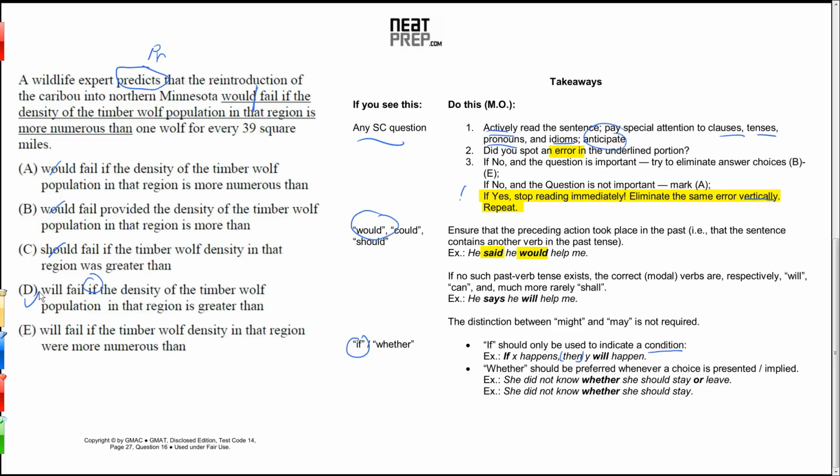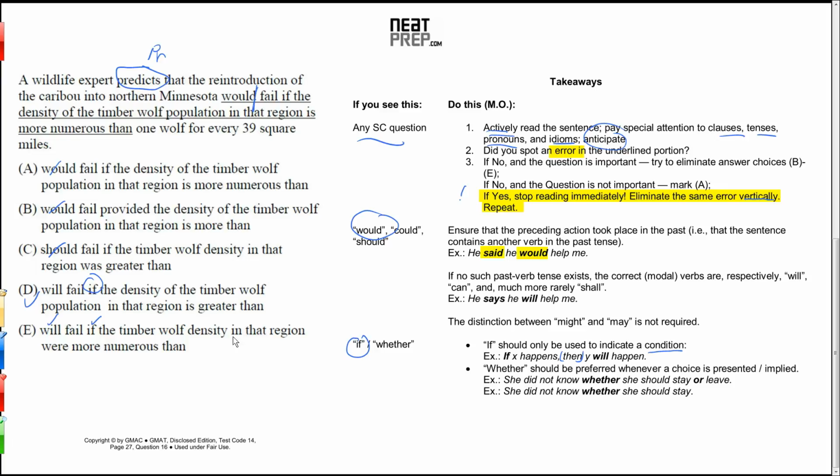Now, this answer choice looks great, but in addition to that, if I have enough time, because I work relatively efficiently, then I would also want to eliminate option E. E says that the reintroduction will fail, that is good, if, let's see, again, I'm looking for a condition, the timber wolf density in that region is, so first of all, the condition is great.